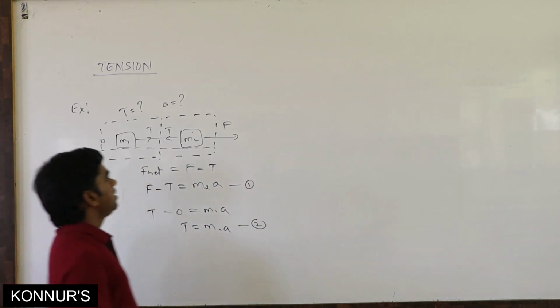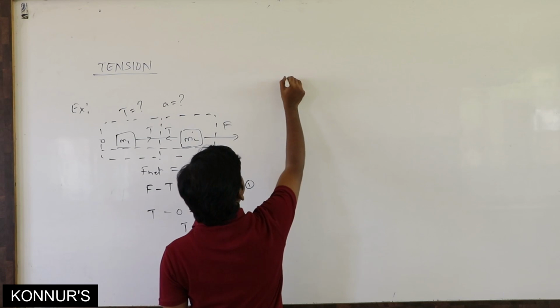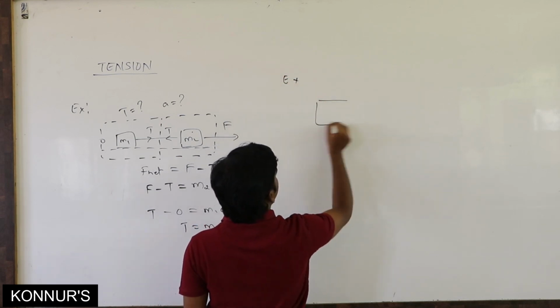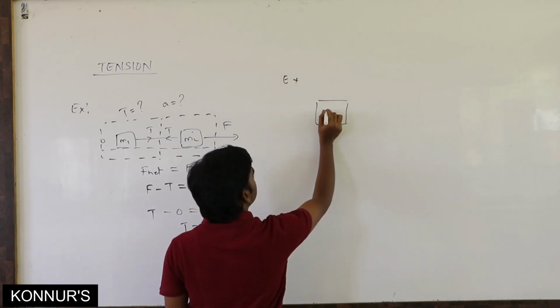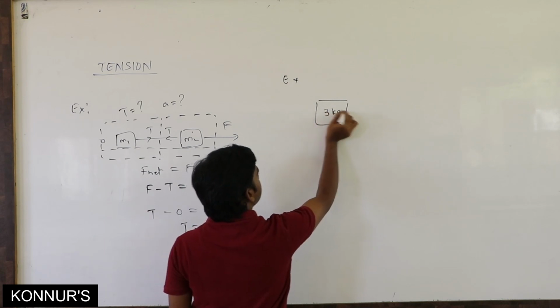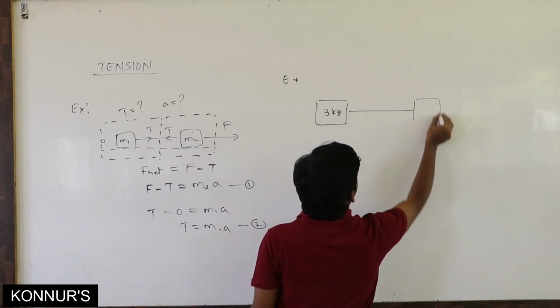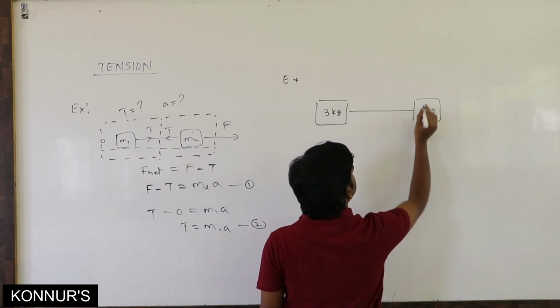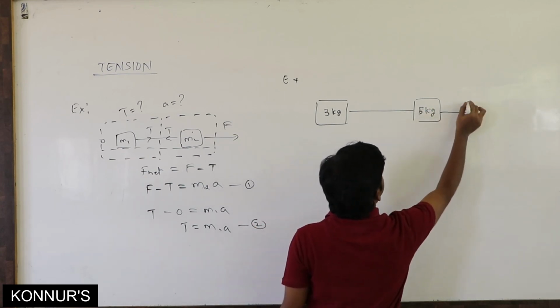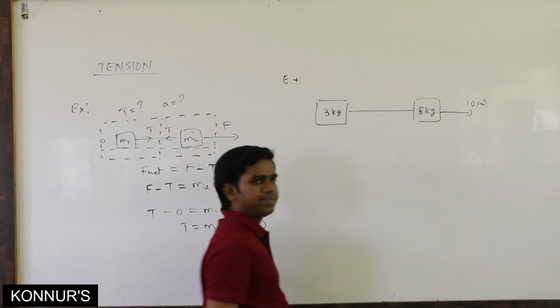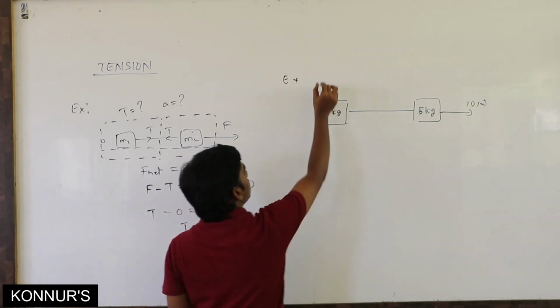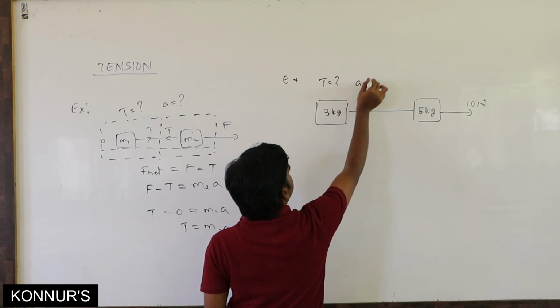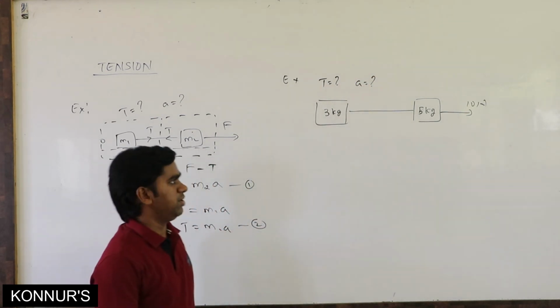For example, if I connect two bodies, of mass 3 kg and another of mass 5 kg. Now suppose 10 Newton of force is acting. They are asking what is the tension and what is the acceleration of the bodies.